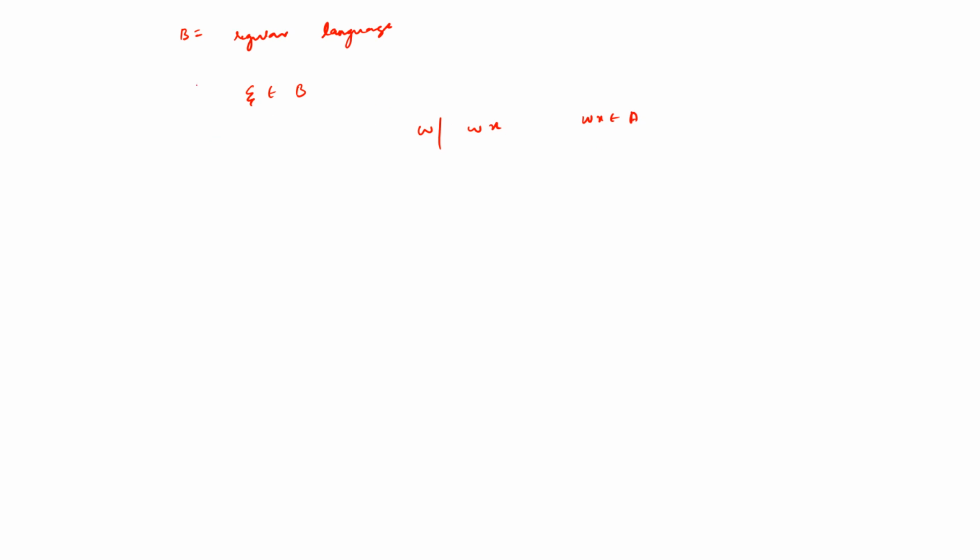If epsilon is part of B, I will trivially assume x equal to epsilon. Then what is A slash B? A slash B is nothing but A. That is why, when epsilon is part of this language, A slash B is trivially context free.